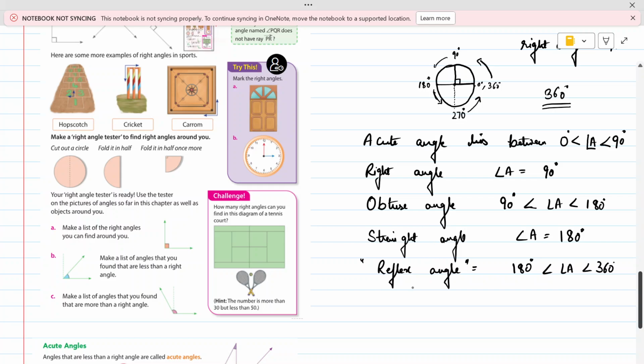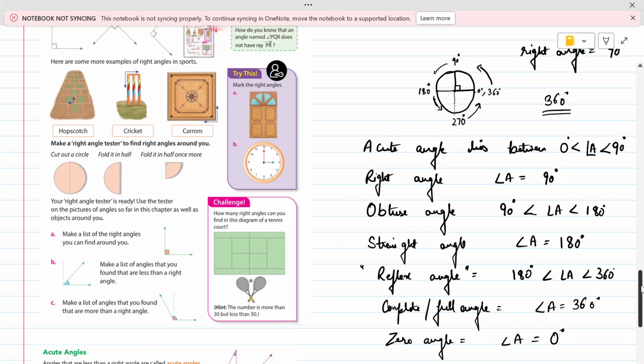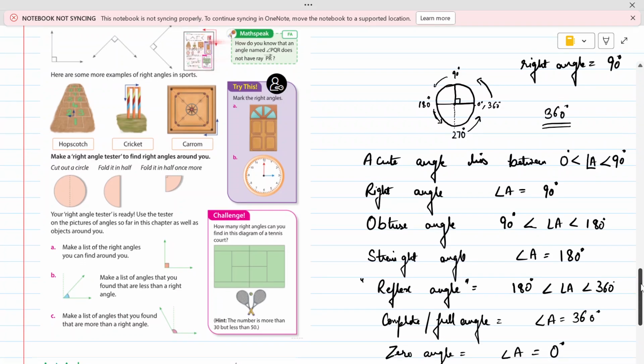And now the angle which we call a complete angle, and sometimes it is also called a full angle, is when the angle is equal to 360 degree. Also, I forgot to mention the zero angle. Zero angle is the angle when the measure of the angle is 0 degree. Okay, so this is the concept of angles. These are the different types of angles.